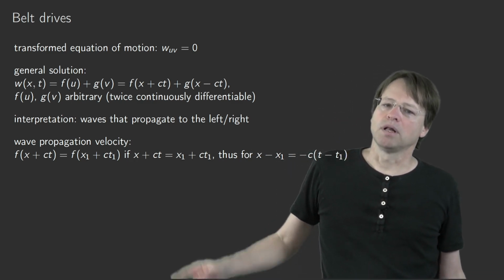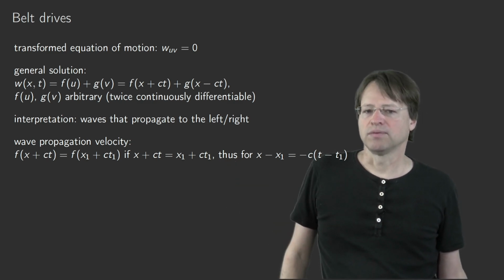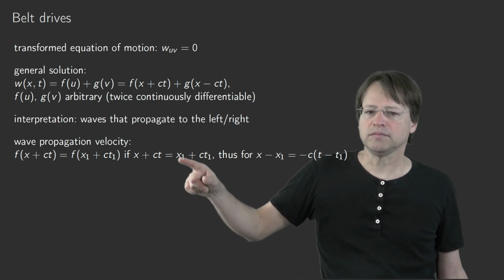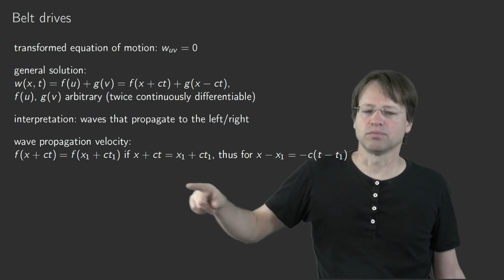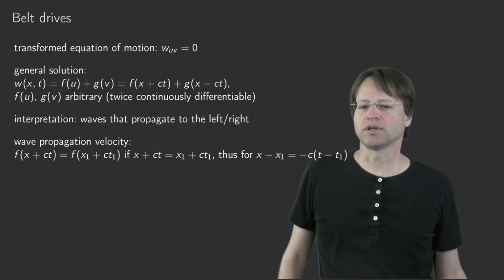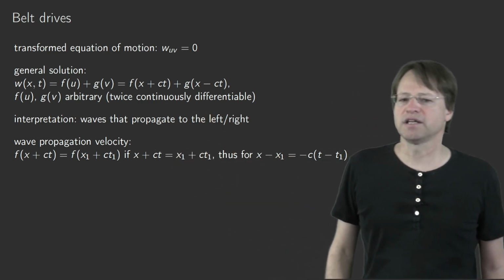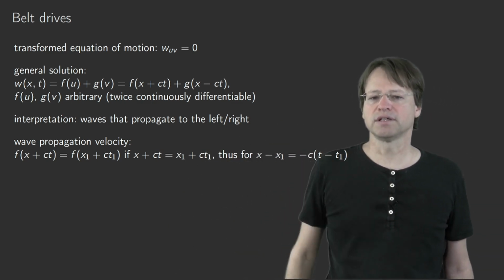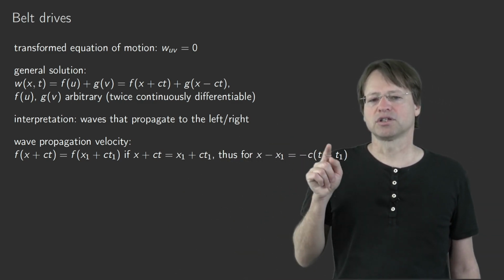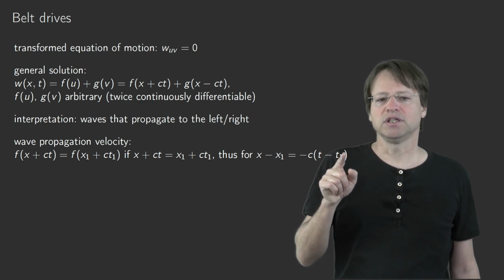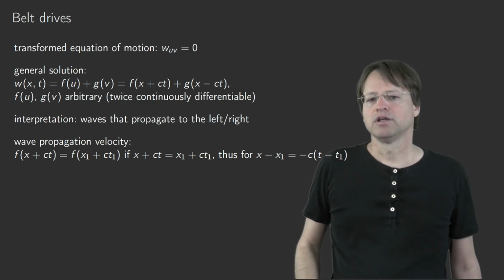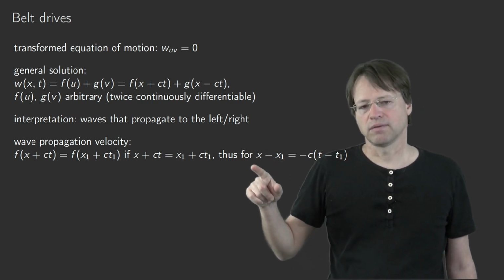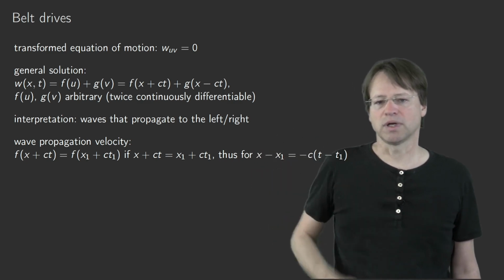Well, how should I change that? If you solve that equation, you put everything containing x on the left-hand side, everything containing time t on the right-hand side. You see, if you change t from t to t1, you should change x, according to this equation, to x1.